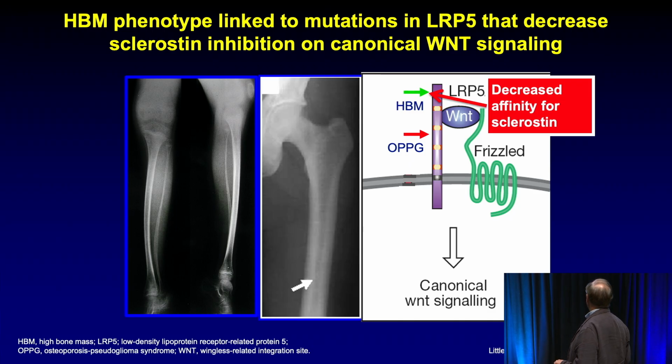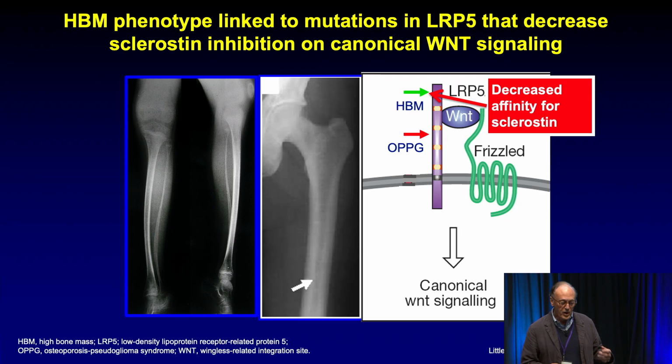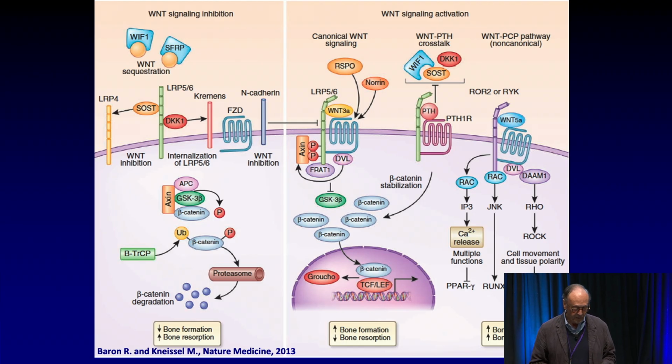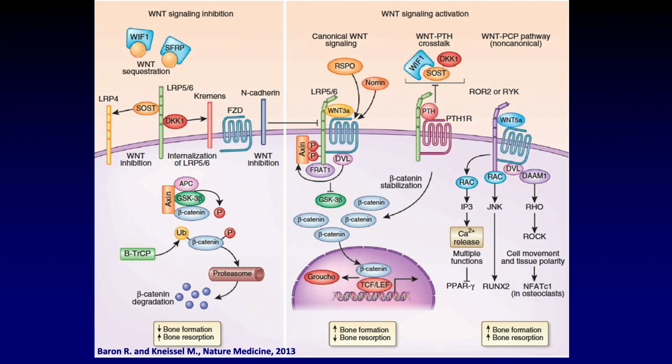And this told us that canonical Wnt signaling, the beta-catenin-dependent Wnt signaling, was a key regulator of bone mass in humans. So I don't want to go in all the complexities of the Wnt signaling pathways.